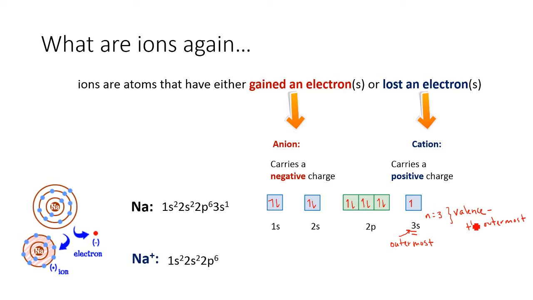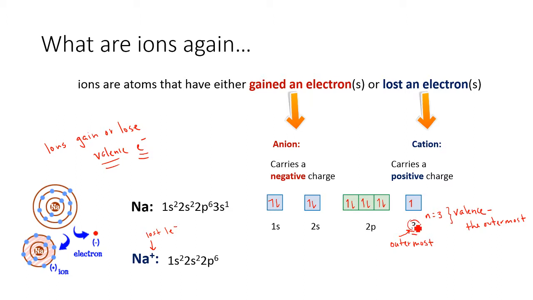Now, if I wanted to form Na+, this tells me that we lost 1 electron. It's not just any old electron. When ions are formed, ions gain or lose valence electrons. They're only going to lose their most reactive electrons. So we're going to go to the outermost energy shell.